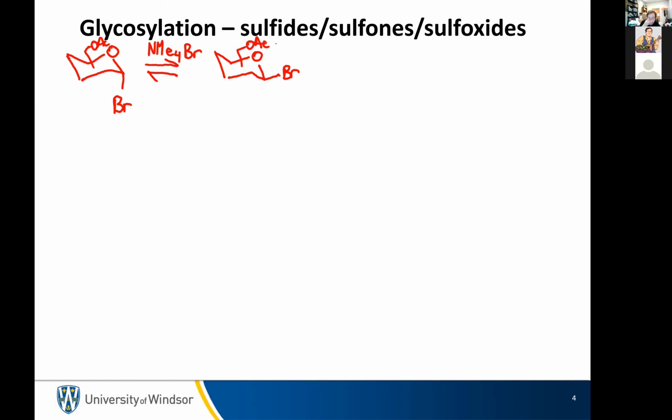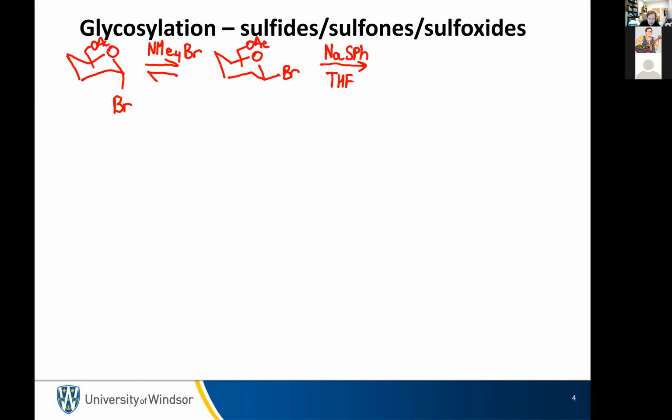You could then crystallize that, and then you can treat that with sodium thiophenol in THF.